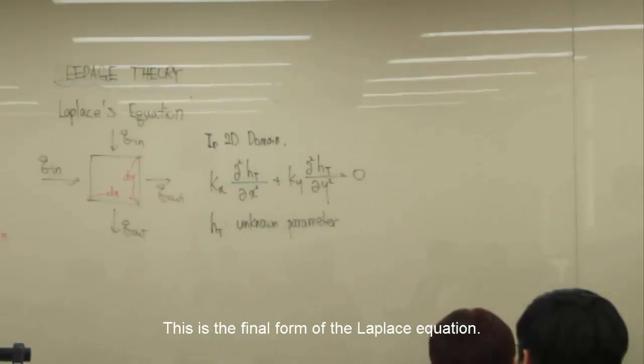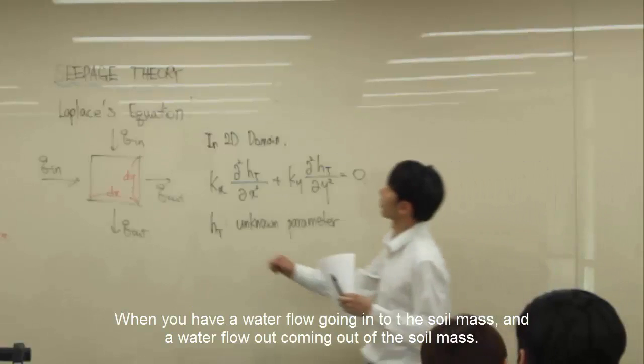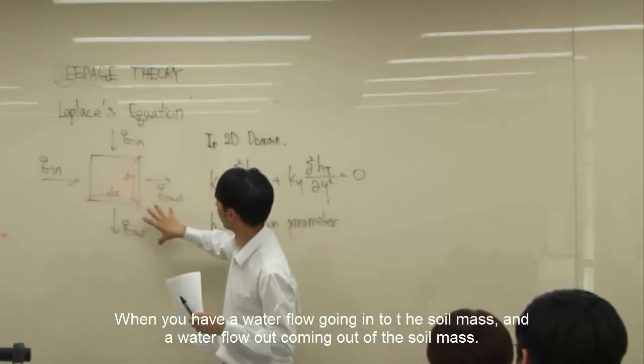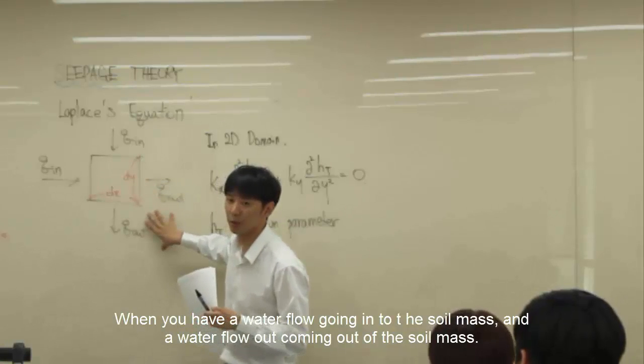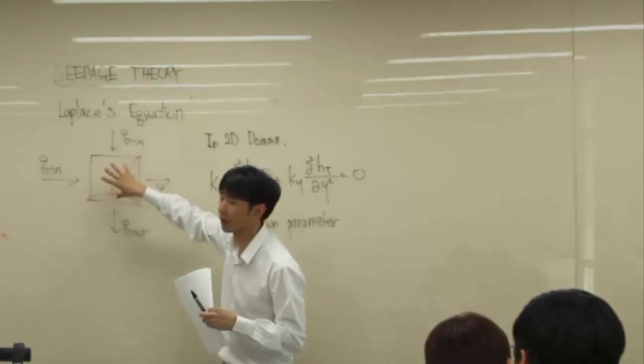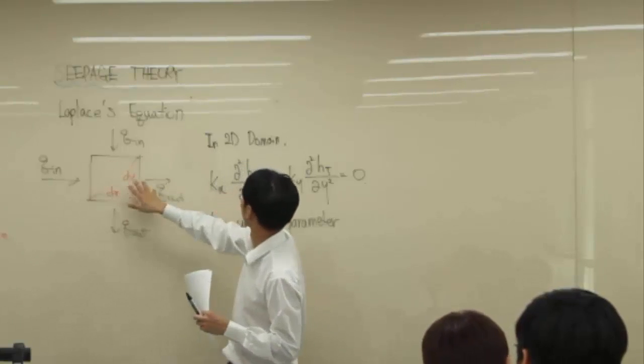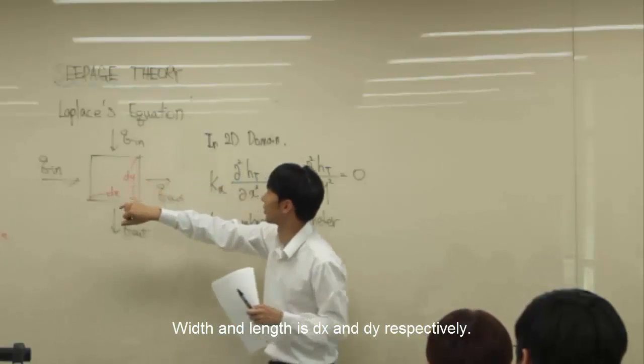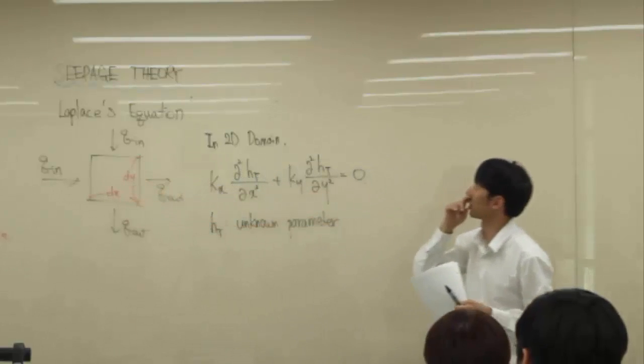This is the final form of the Laplace equation when you have a water flow going into the soil mass and a water flow coming out of the soil mass. The soil mass has width and length dx and dy respectively.